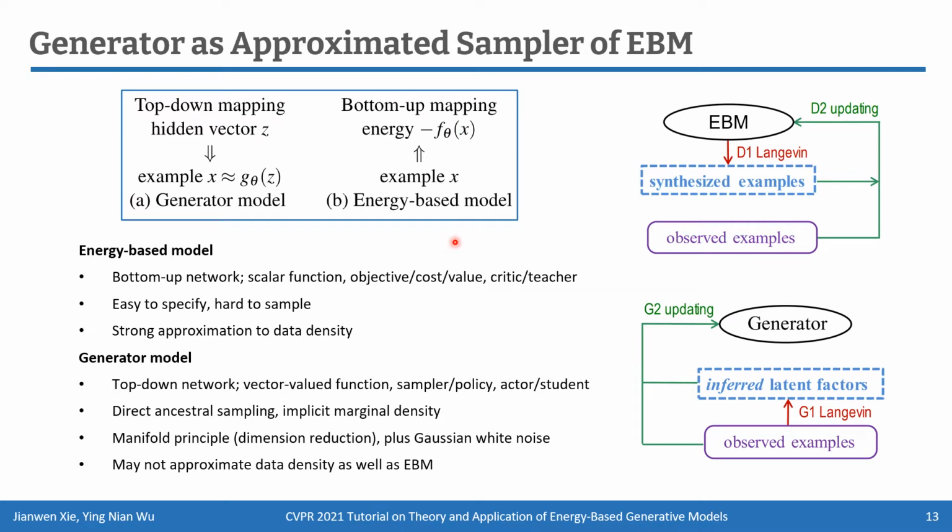For the energy-based model, you only need to specify a scalar function. So this f is a scalar function, but this g is a vector-valued function. It needs to produce this high-dimensional x. So it is much easier to specify or to learn this scalar function.